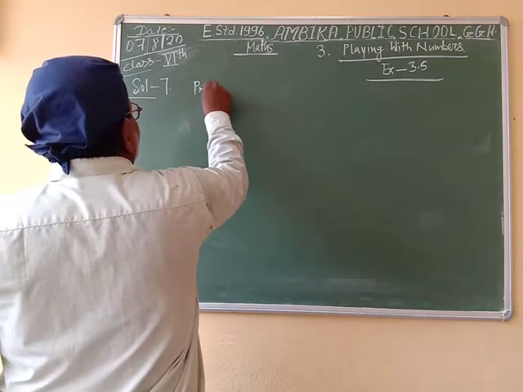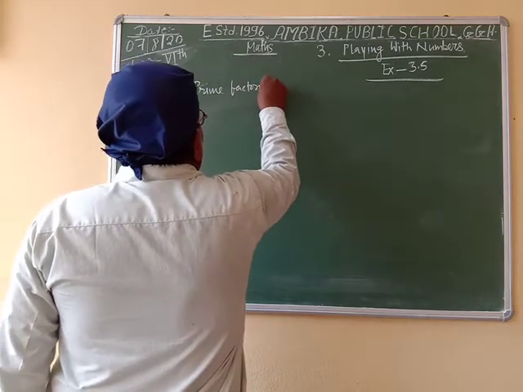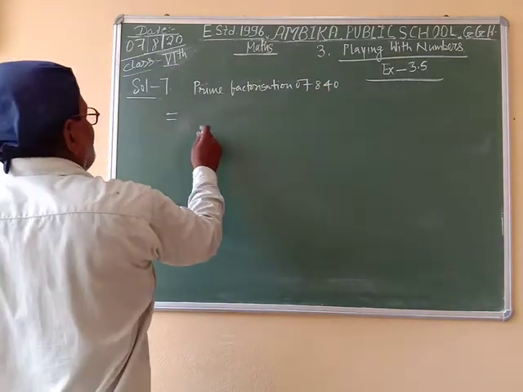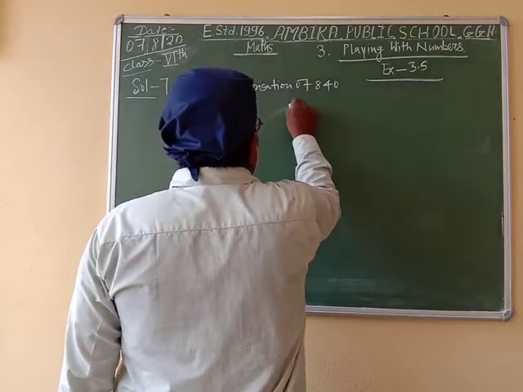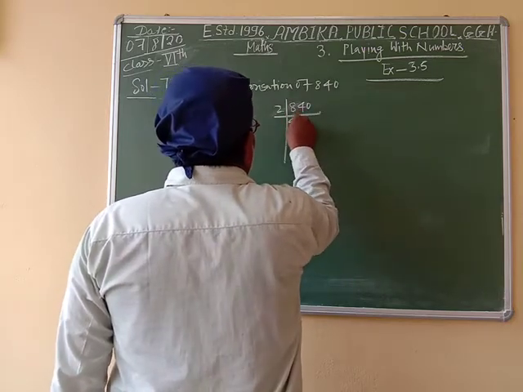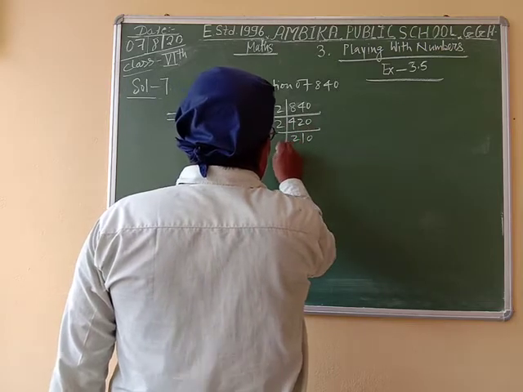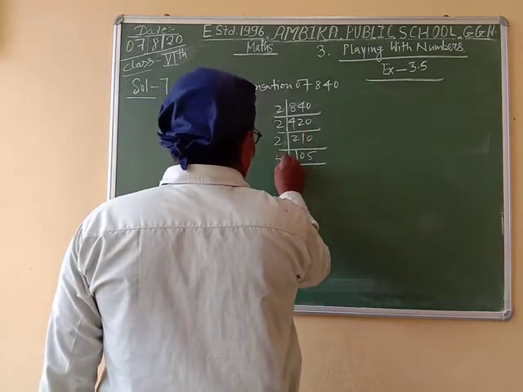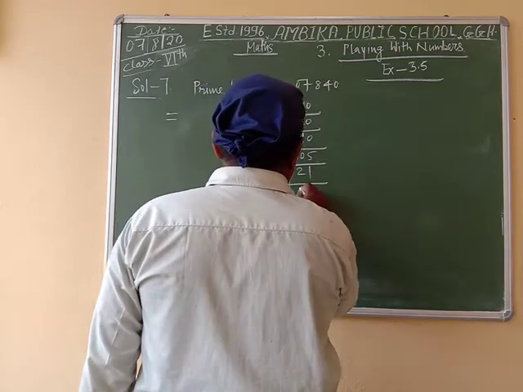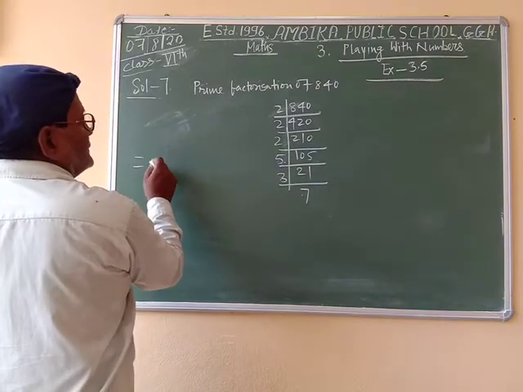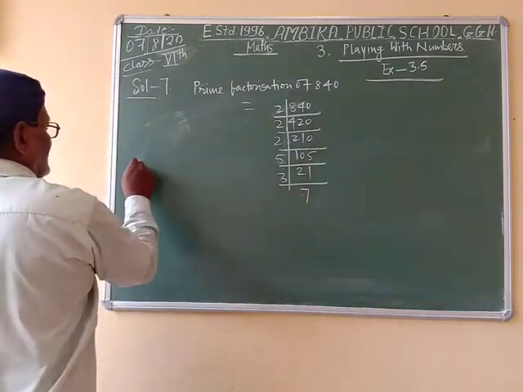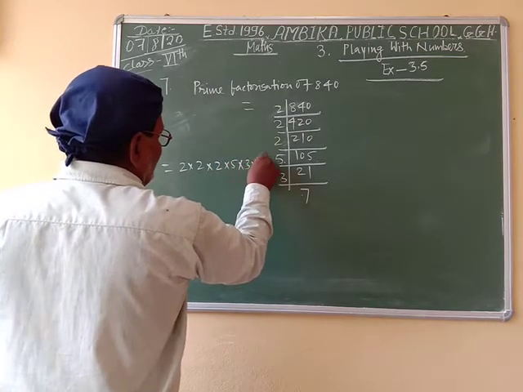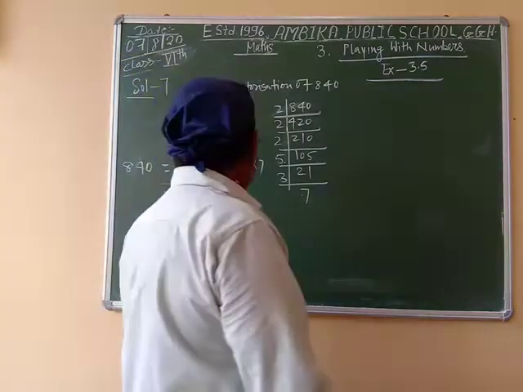Prime factorization of 840 is equal to 2 into 2 into 2 into 3 into 5 into 7, equal to 840.